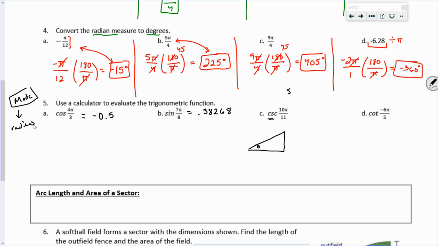So if sine is opposite over hypotenuse, then this is hypotenuse over opposite. Imagine we know that this is 10 pi and this is 11. All of a sudden, we don't have a cosecant button on our calculator. So what I'm going to do is, instead of typing in this problem, I'm going to type in sine of 11 over 10 pi, and it should be equivalent.